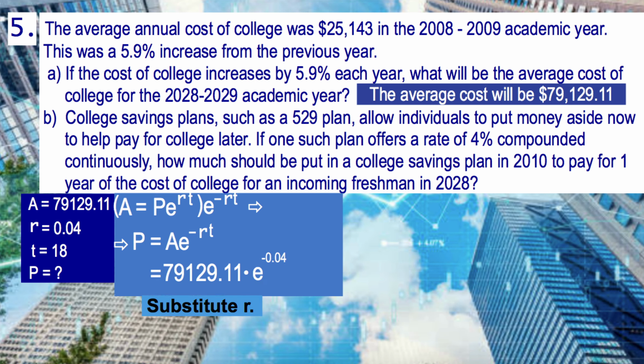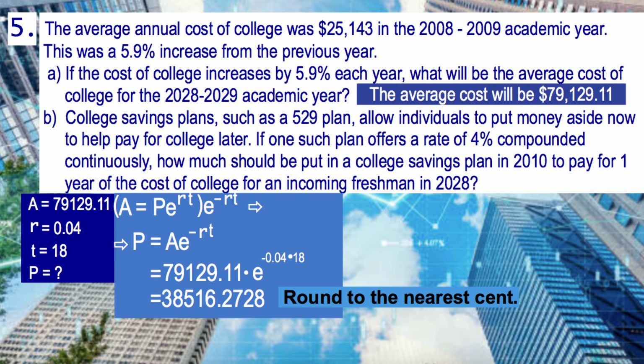Substitute A, times substitute R and substitute T. Then we take this expression and compute it using a calculator. And first, round to the nearest cent before we write our answer.